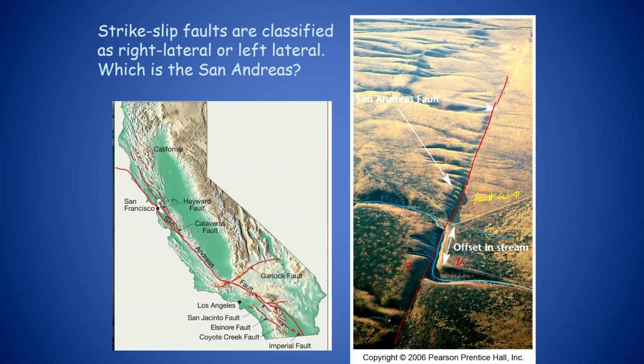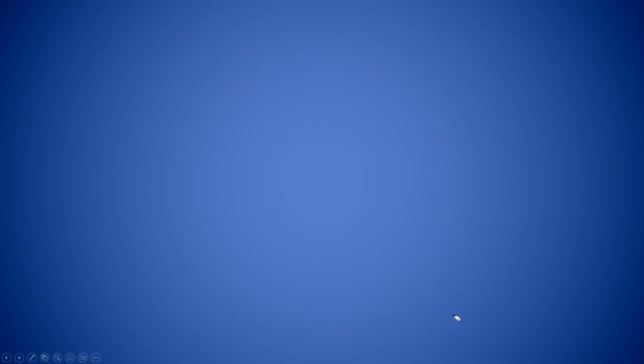The maximum offset of the stream is this one, whereas the other streams show minimum offset. That means this fault has remained active for a long time, and the amount of displacement of this stream is the cumulative displacement. Let us move further and see more examples.